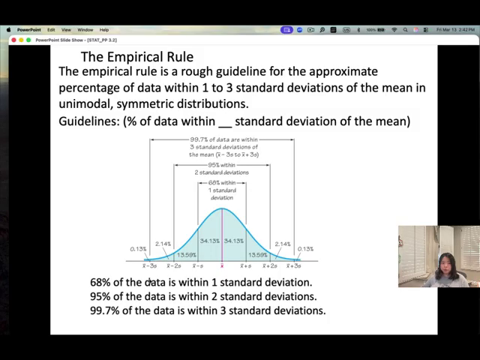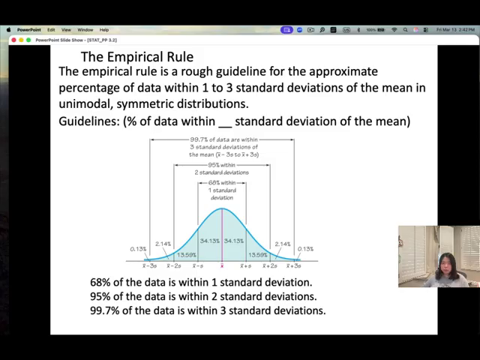By the empirical rule, we're going to say that about 68% of the data is within 1 standard deviation. So this is talking about this part. 68% of the data will be falling within 1 standard deviation.